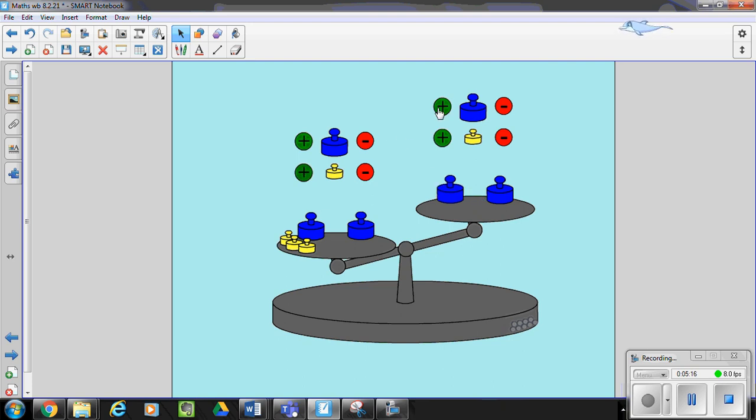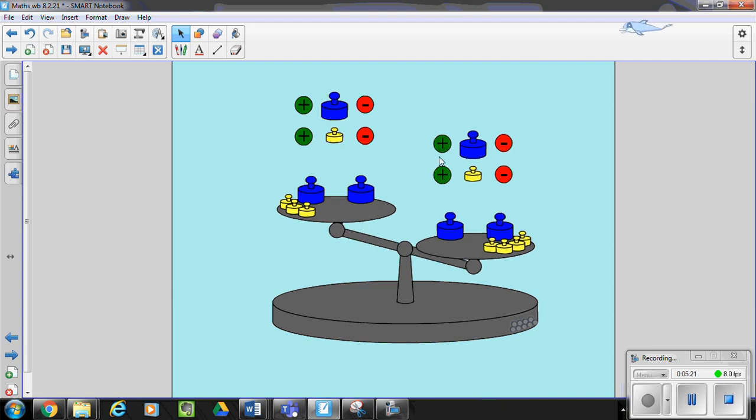I'm going to add some more onto here. Oh, what do you notice now? Can you point to the side that is the heaviest? That's right, it is this side. It's got more weights on it, which is making it heavier. Can you point to the side that is the lightest? It must be this side. This side is lighter than this side here.